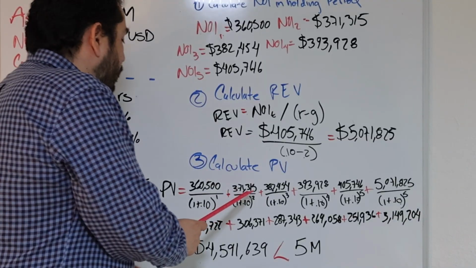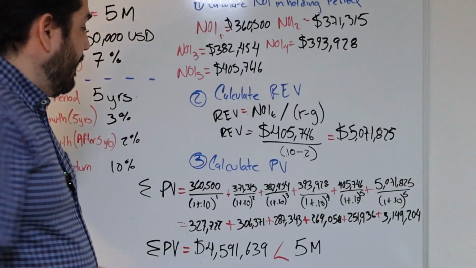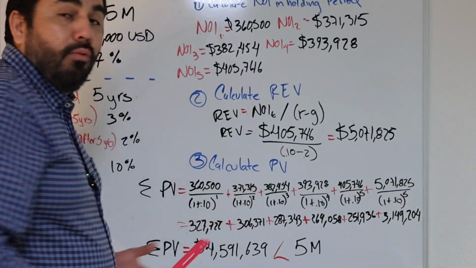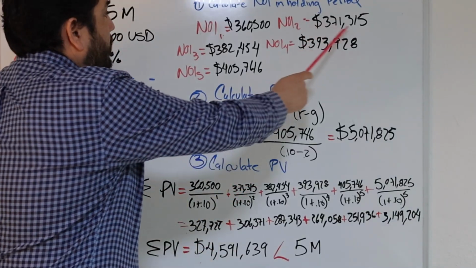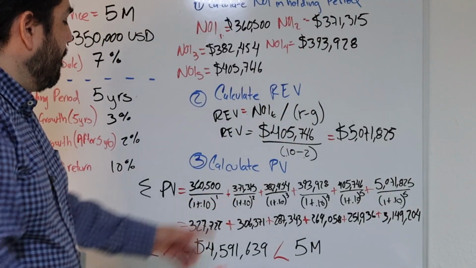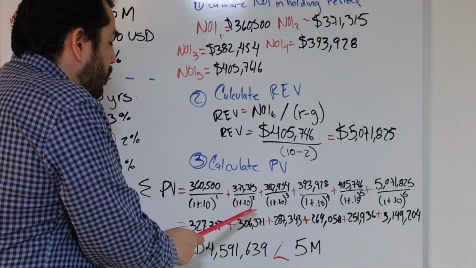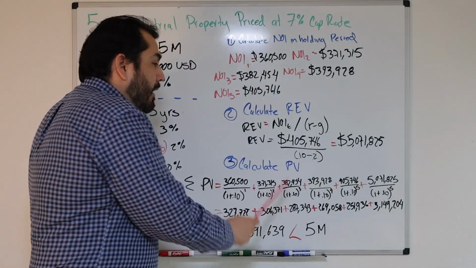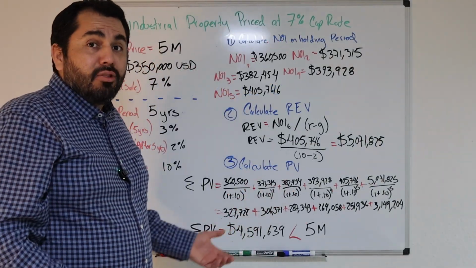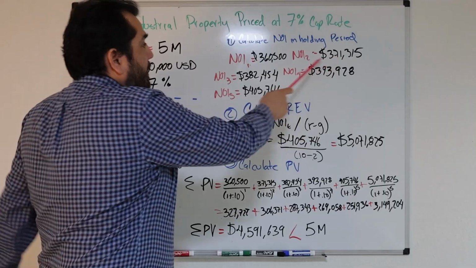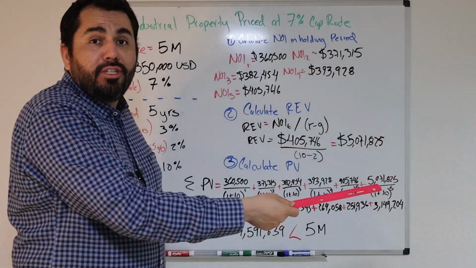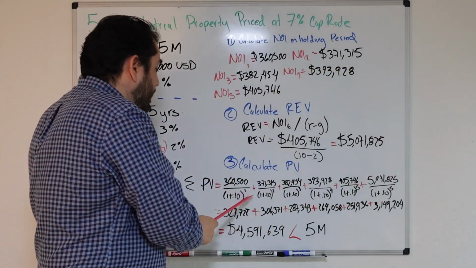For example, with the second year NOI, we have $371,000, and we divide by 1 plus 0.1, but squared. This time squared because this cash flow is in the second year, not in the first year like this one.